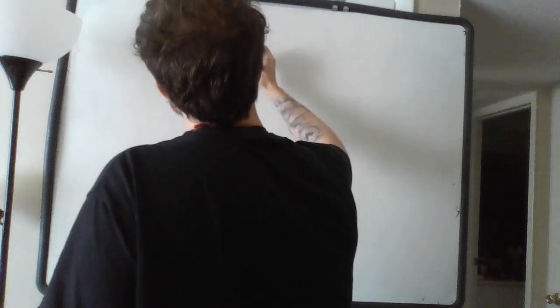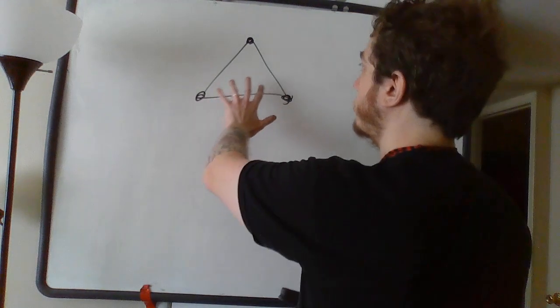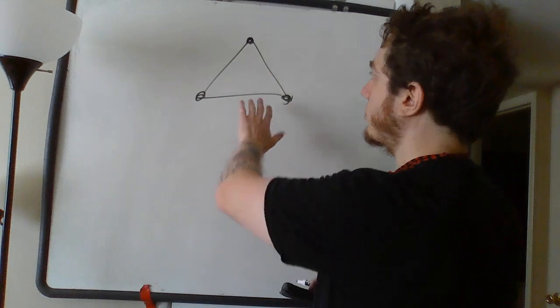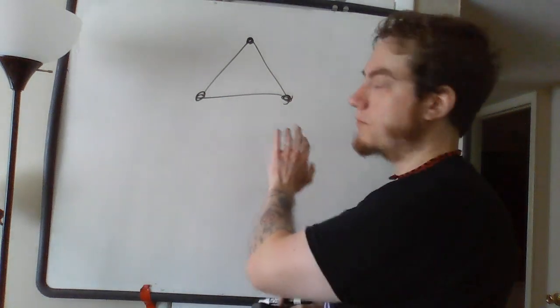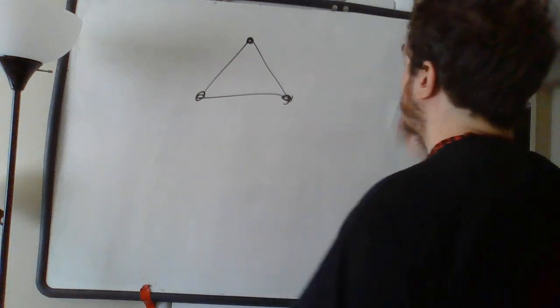A good example would be, what if I started off with a triangle in the plane, and I asked myself, what are the different transformations of the plane which preserve distances in the plane and also map this triangle to itself?